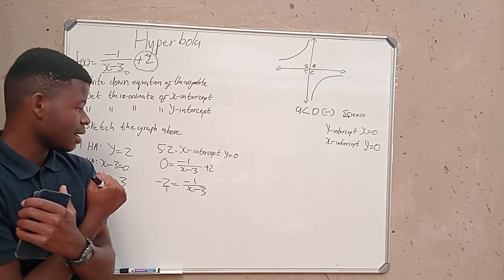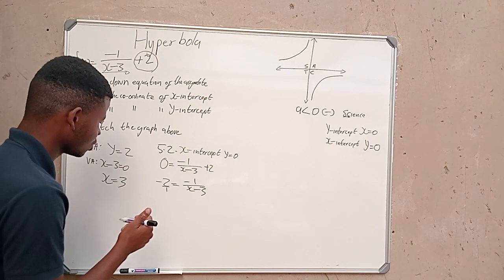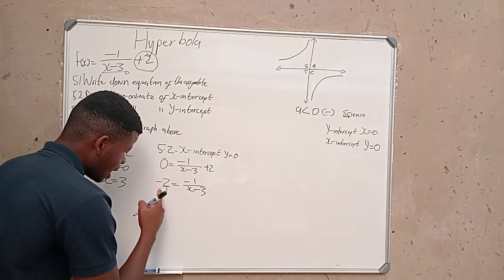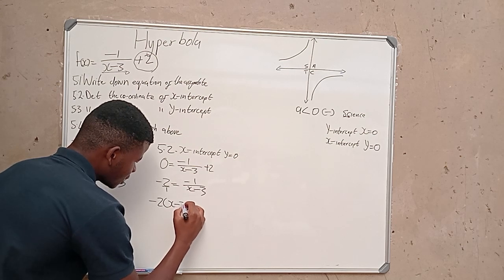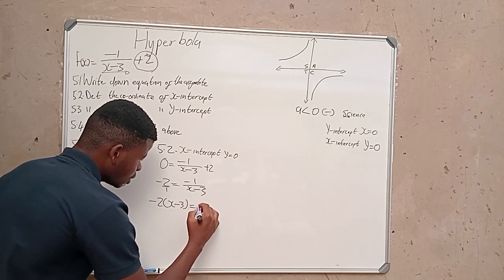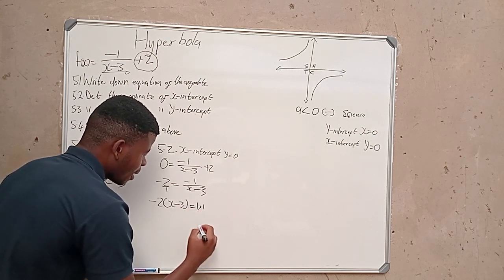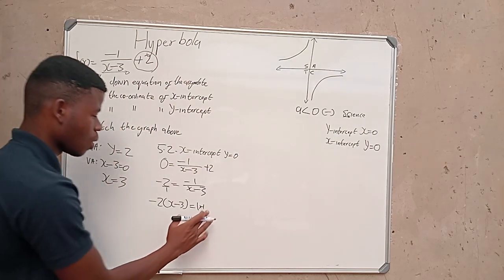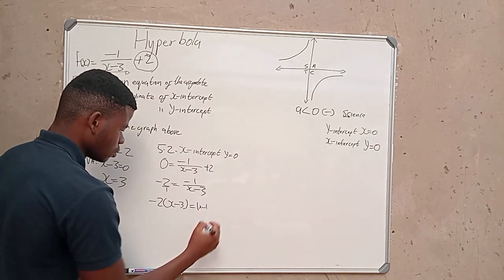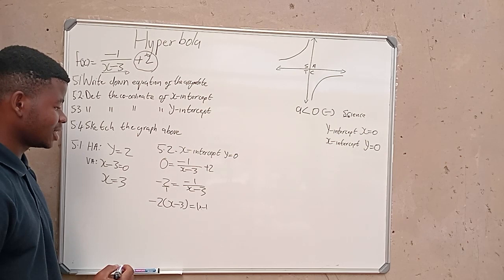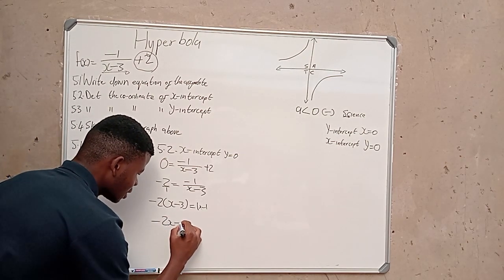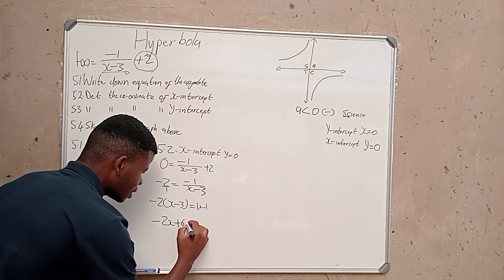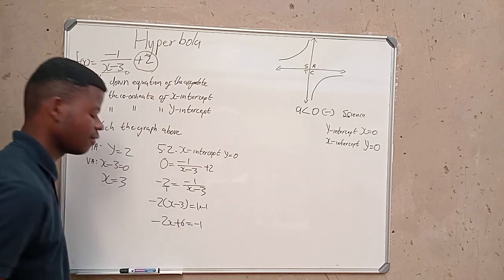If you favor pirates, guys, this one's going to be easy for you. Then it's going to be minus 2 times x minus 3 is equal to 1 multiplied by negative 1. Then we'll have minus 2x plus 6 is equal to negative 1.